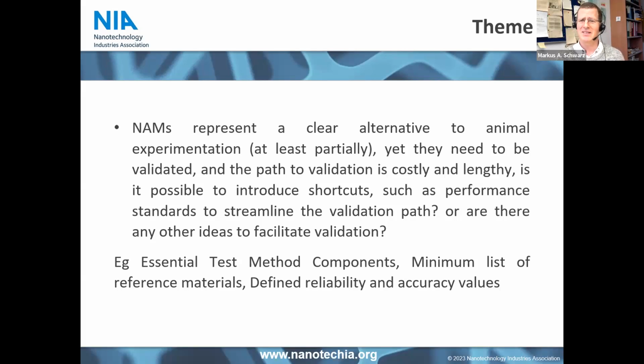Another example, which is not very appropriate here because it is for an ordinary chemical and in vivo testing, is chronic fish toxicity testing with a highly readily biodegradable chemical. We are having a flow-through test. The test substance is not volatile, but it is biodegraded so rapidly that even in the flow-through test with a maximum media exchange rate, we are nearly not able to keep the concentration stable.